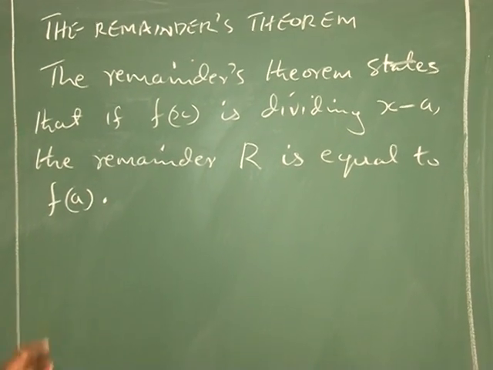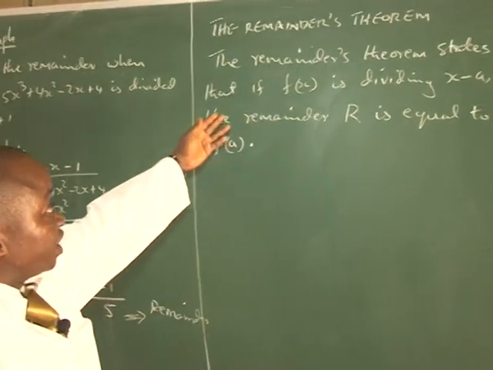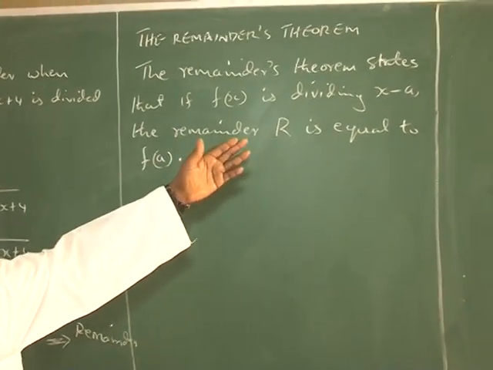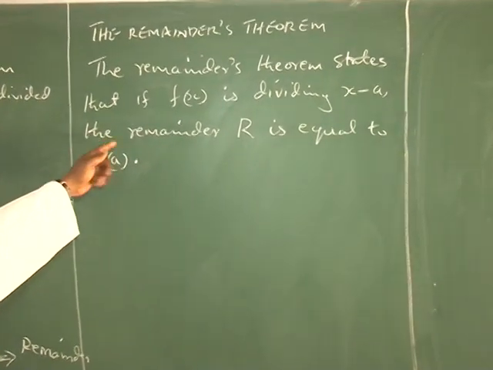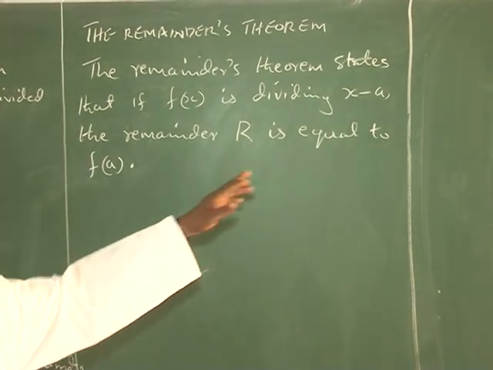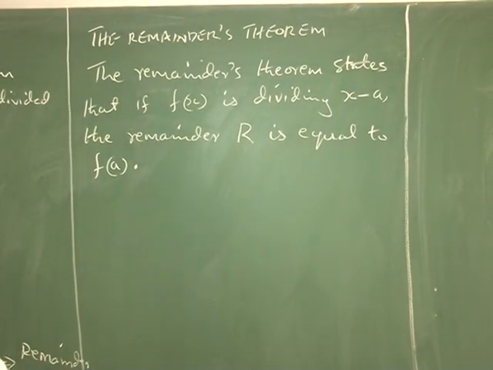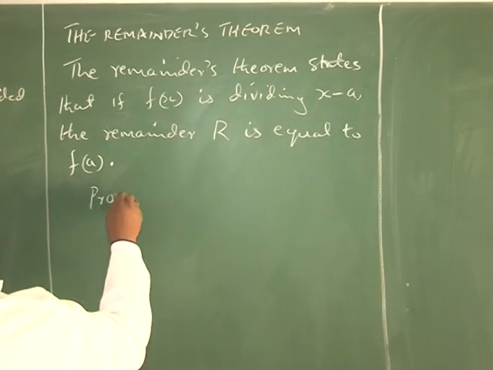This is what the theorem states. The remainder theorem states that if f of x is divided by x minus a, the remainder r is equal to f of a. Now let's prove this theorem.